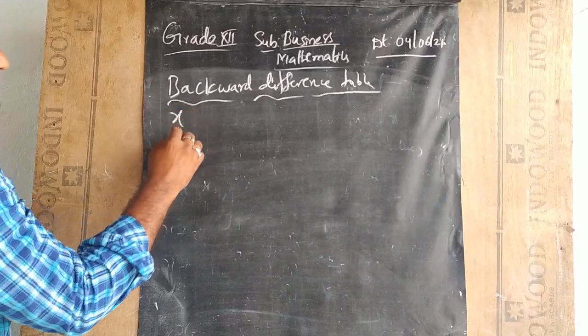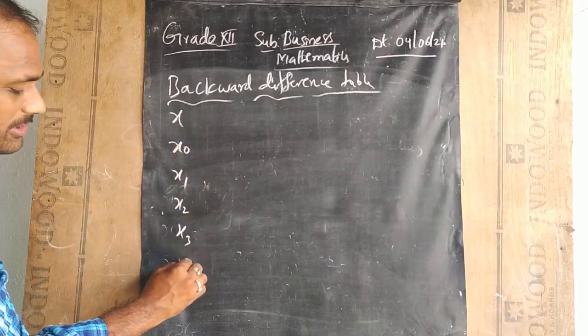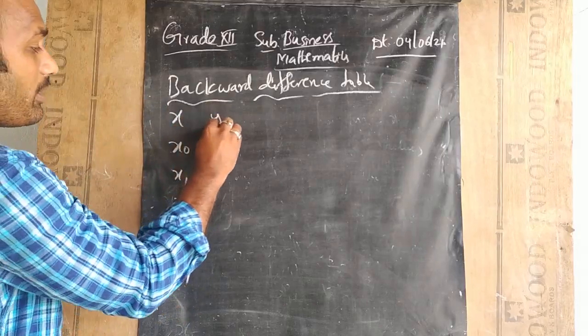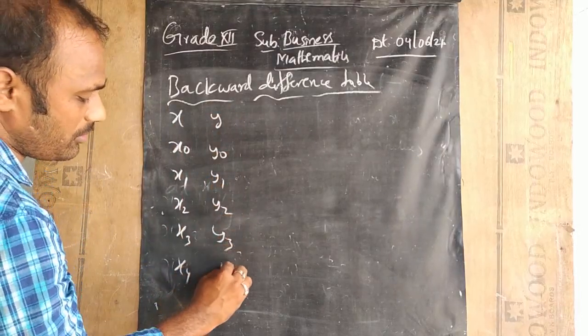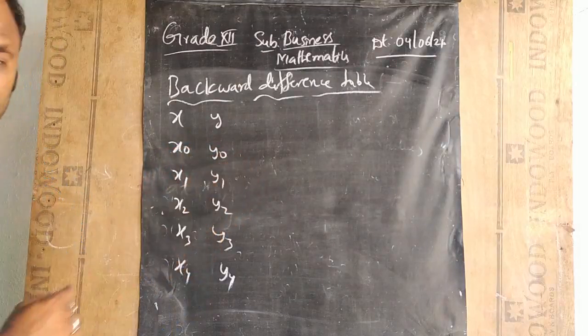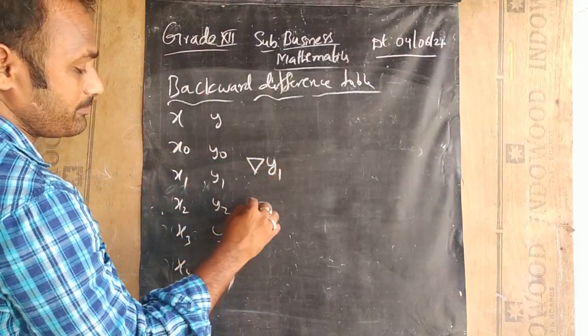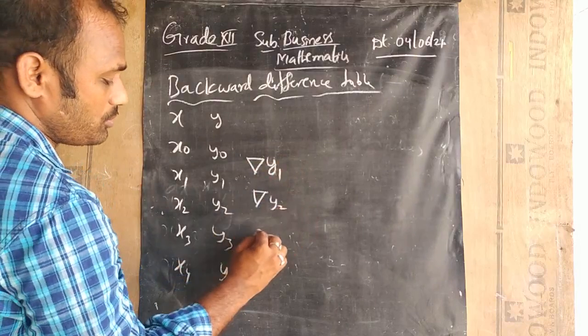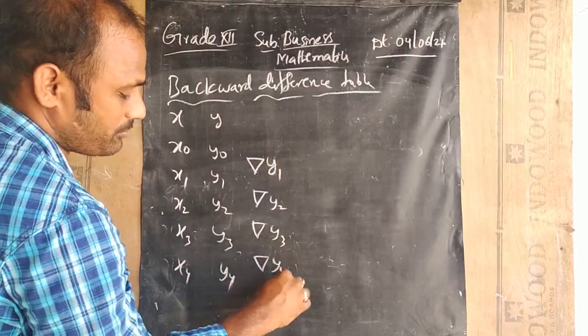So x: x0, x1, x2, x3, x4. So y: y0, y1, y2, y3, y4. Then reverse of delta y: y1, y2, y3, y4.